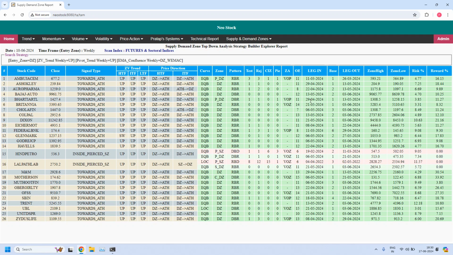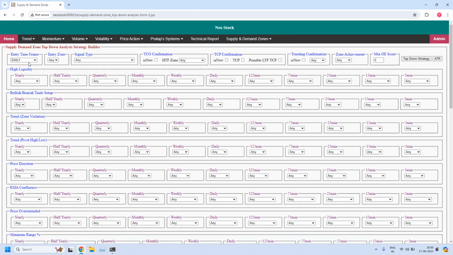Now we will look into supply zones. So I am selecting entry time frame as weekly and EMA confluence in weekly time frame. I am selecting supply zone having weekly EMA confluence.